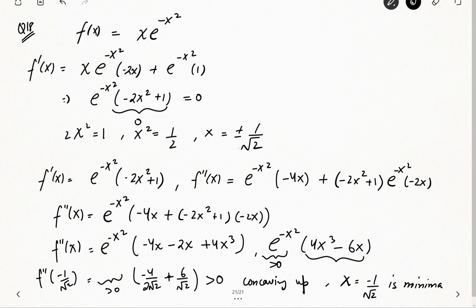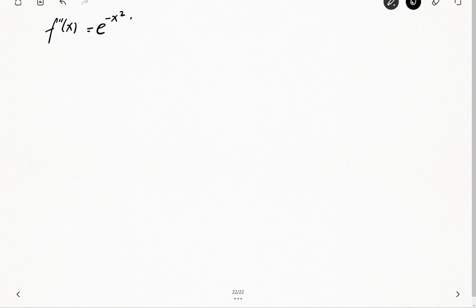Okay, so we can apply the same test for the other case. Now, our f double prime of x was e to the negative x squared times 4x cubed minus 6x.